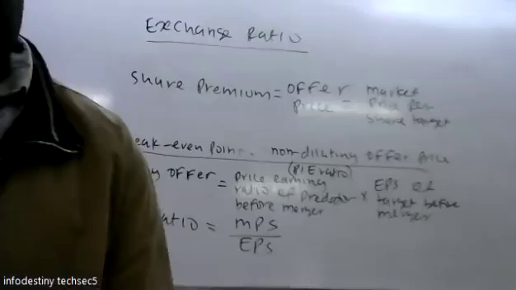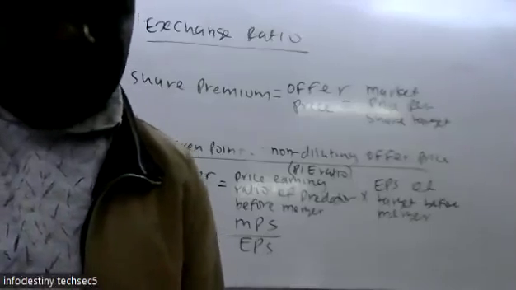So it is simply the offer price minus the market price per share of the target.